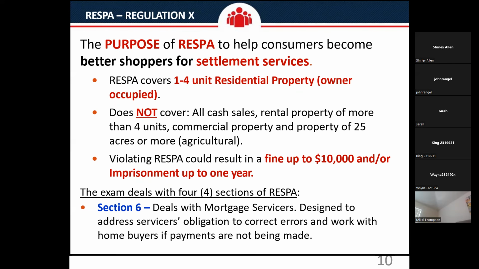It does not cover all cash sales, rental property of more than 4 units, commercial property, and property of 25 acres or more. Any violation of RESPA could result in a fine of up to $10,000 and/or imprisonment up to 1 year. Remember, guys, the things in red are the things that are going to be on your exam. On your exams, you want to pay specific attention to those, and I'll try to be very detailed when I explain them to you as we go through.